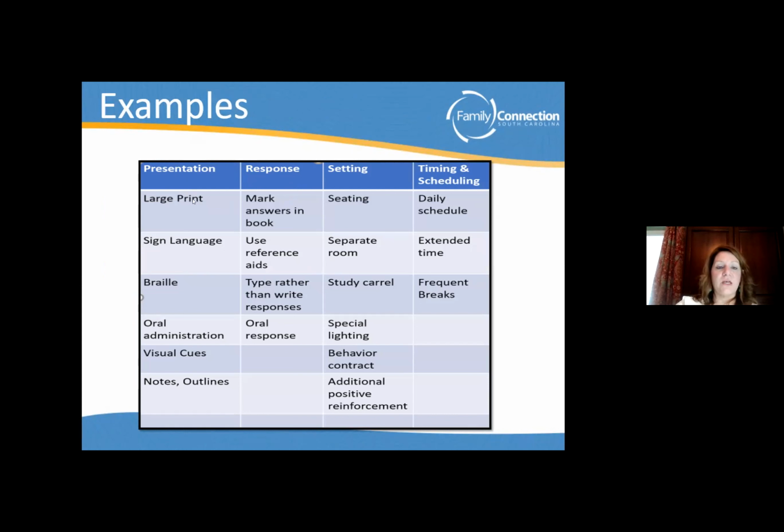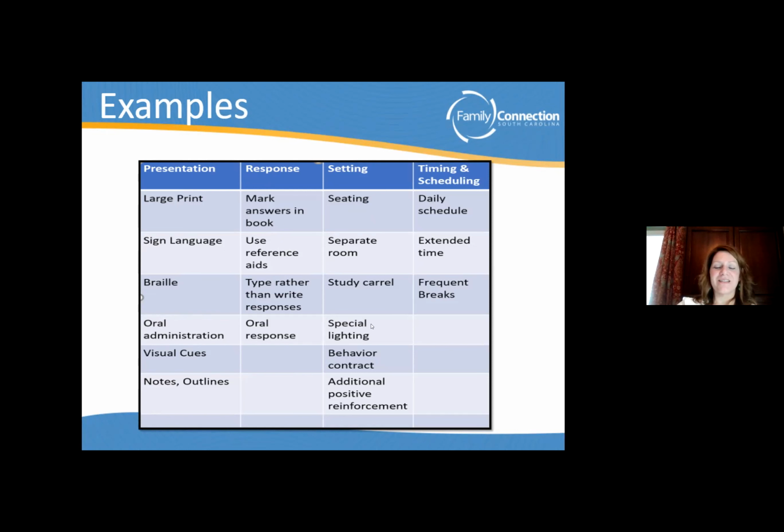So for presentation, some of these examples are definitely more visual or communication accommodations, like oral administration if a student has difficulty with reading or tracking. And then the responding, certainly, is how the student gives the output to show that they're understanding. Some setting accommodations like seating.